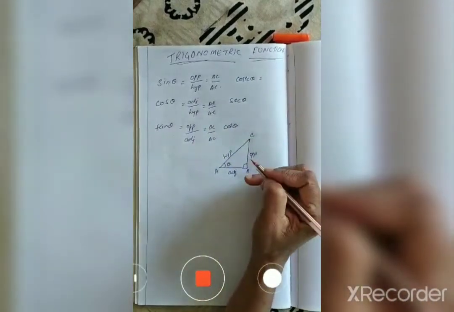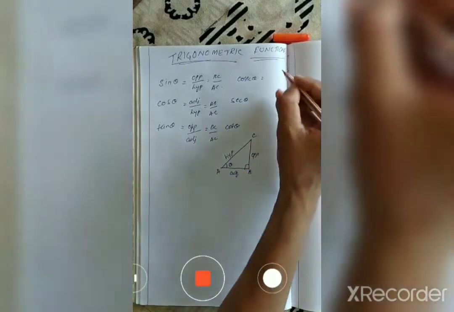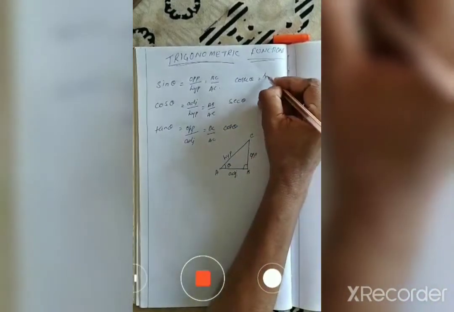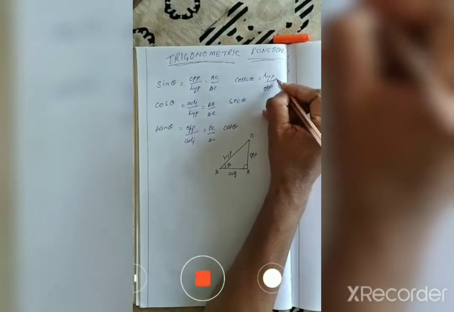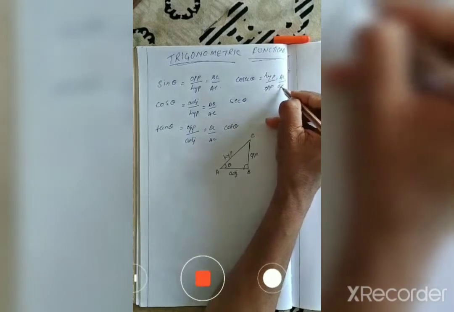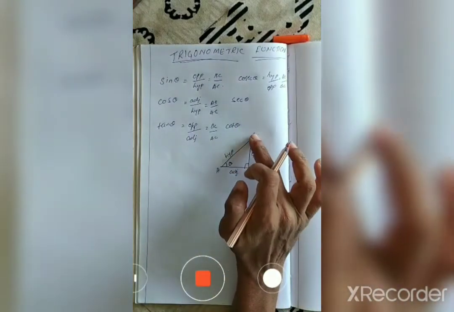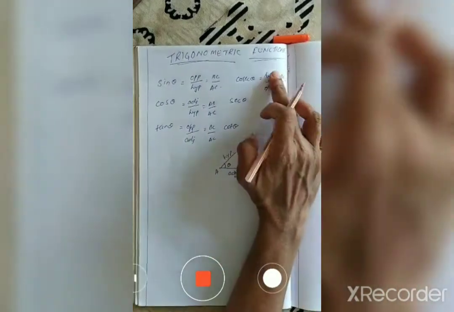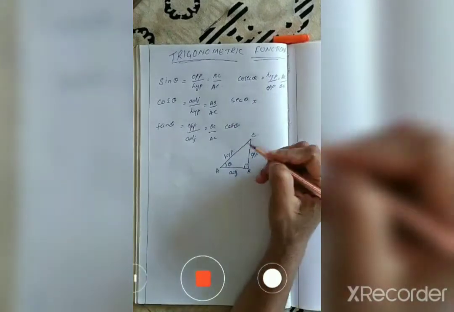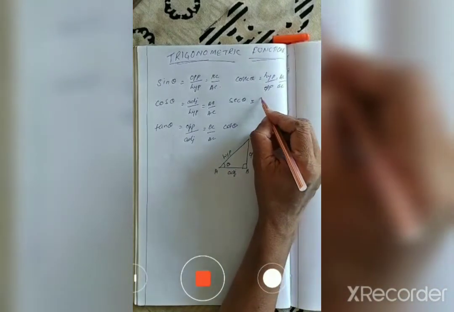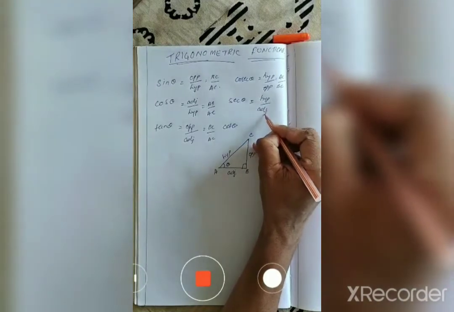Now cosecant theta. What is cosecant theta? Cosecant theta is hypotenuse divided by opposite side. That is AC by BC. Next comes secant theta. Secant theta is hypotenuse divided by adjacent side.